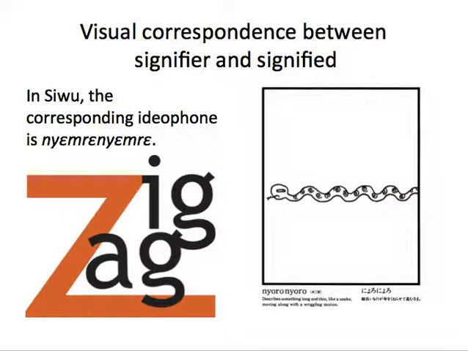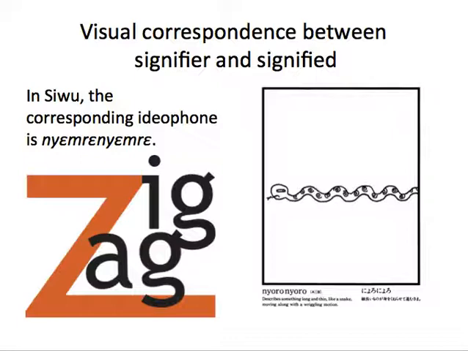So there she was talking about a visual connection. And what we do find is that in many languages, usually non-Indo-European languages, there are often visual relationships between the signifier and the signified. Think of the word in English, zigzag, which is very visually similar to the actual concept of a zig and zag.